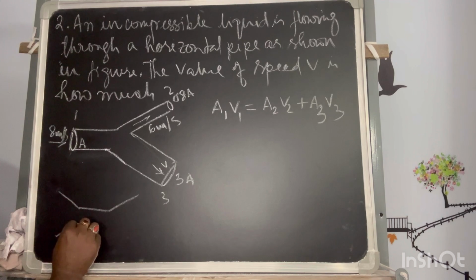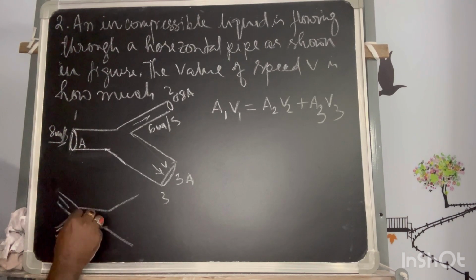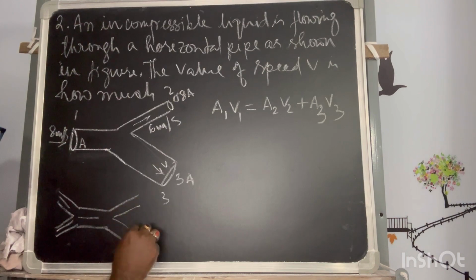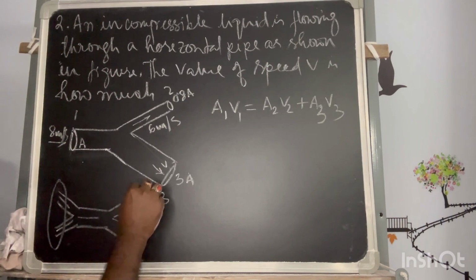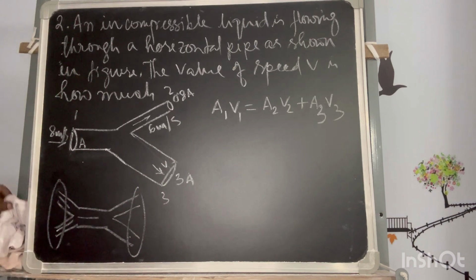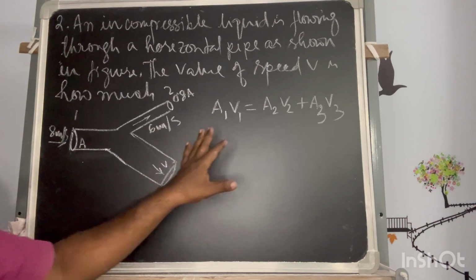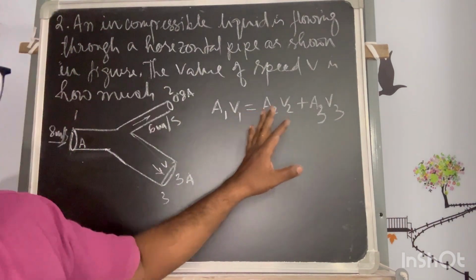Another possibility is where the flow has been bifurcated, coming in, then also bifurcated. You have to club all the ins and all the outs. One thing to keep in mind: all in has to be added, all out has to be added, then only you will get a correct result.